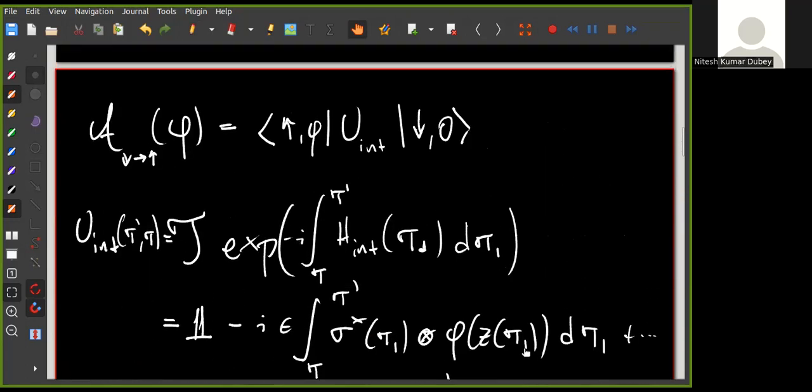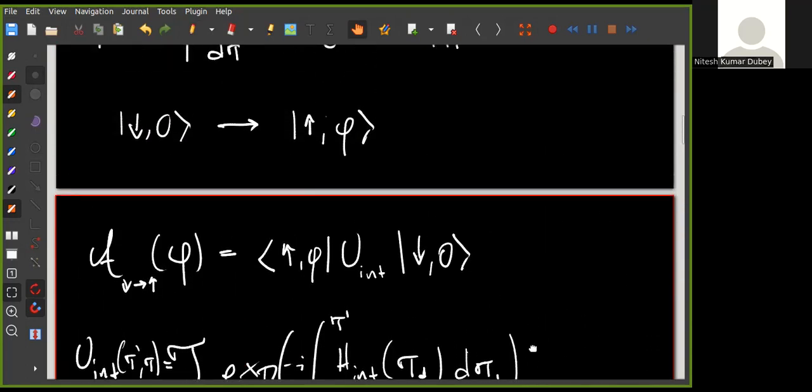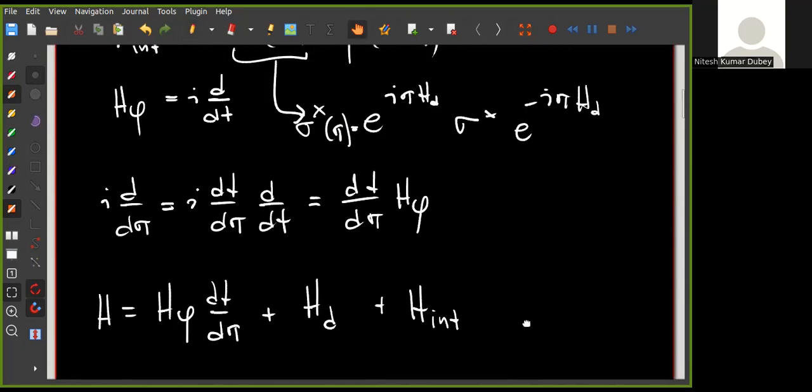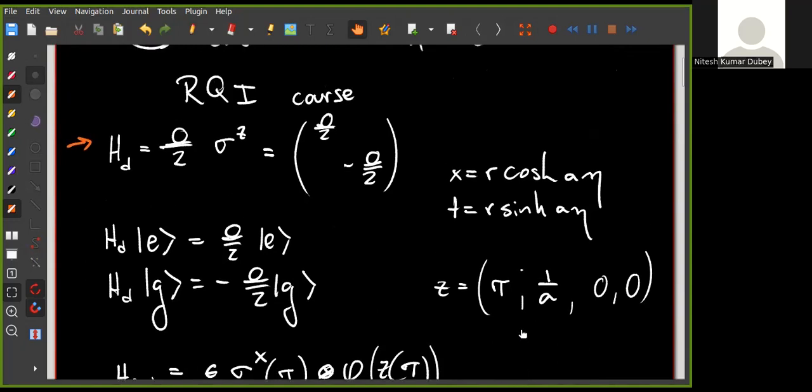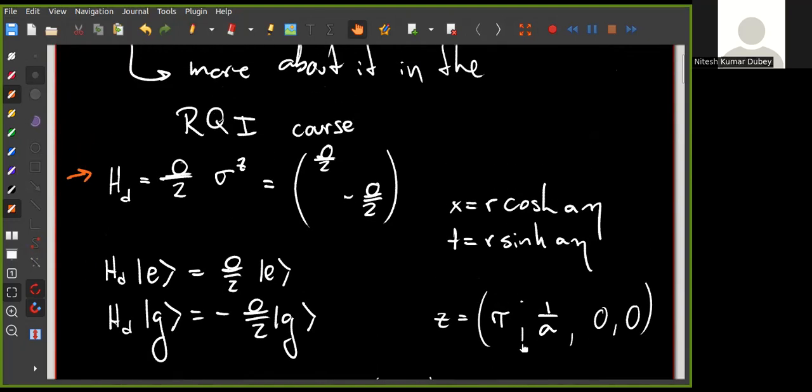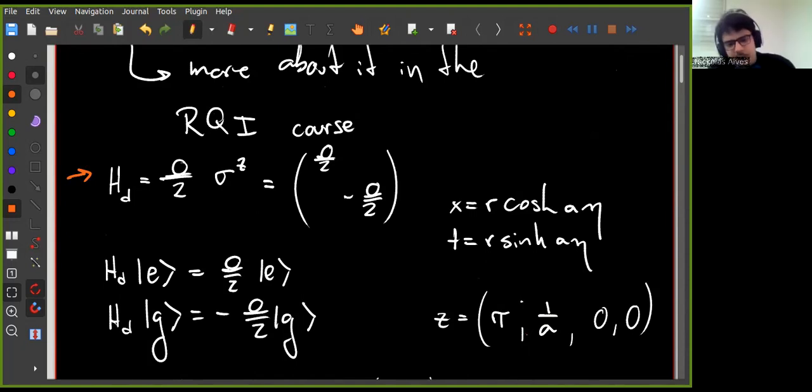We need to do some sort of smearing. We defined a smeared field because we had a problem with normalization or something like that. But here we are dealing with point-like detectors. Yes, we are dealing with point-like detectors.